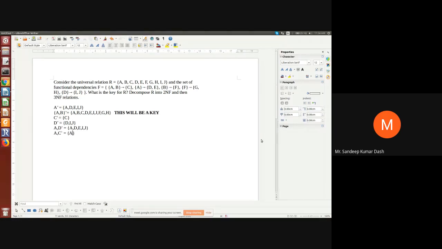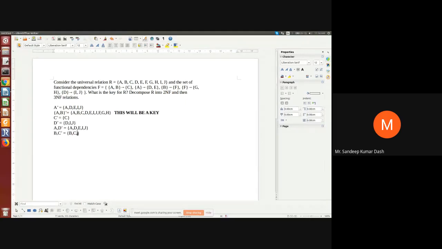Now A and C. A is deriving D and E. Unless and until you are having B with any of the combinations, it is not possible to find all, because B is deriving F. No one else is deriving F. So you have to have B. Suppose I am thinking of B and C. Then BC will be there.